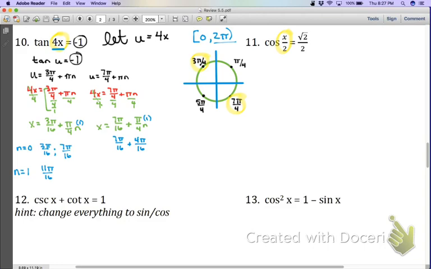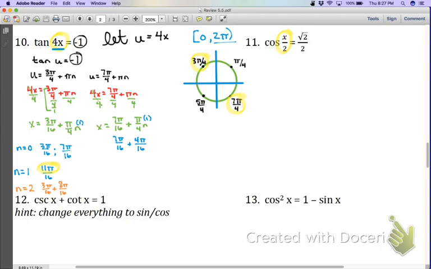I keep going until the numerator is over 32. So 11. Okay, I'll keep going with n equal to 2. Whenever I let n equal to 2, then I have 3 pi over 16 plus 2 pi over 4, or 8 pi over 16, which is again the 11 pi over 16.